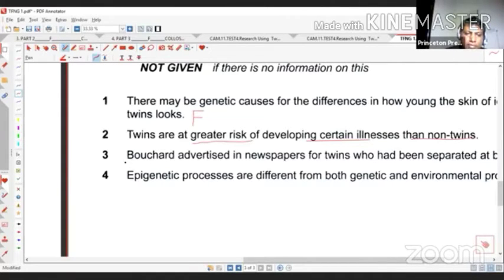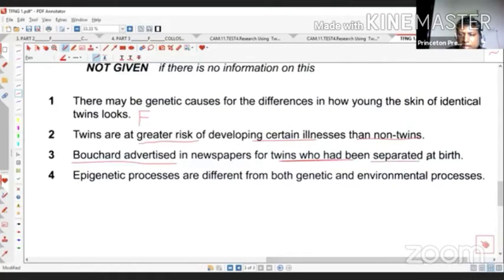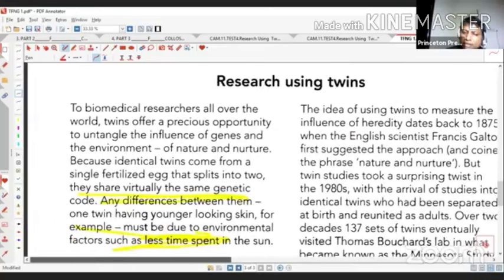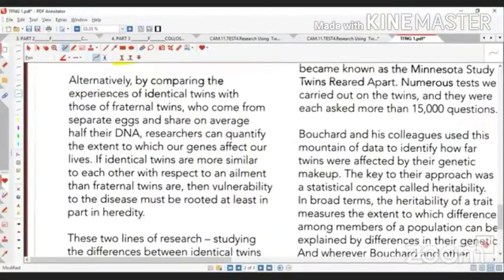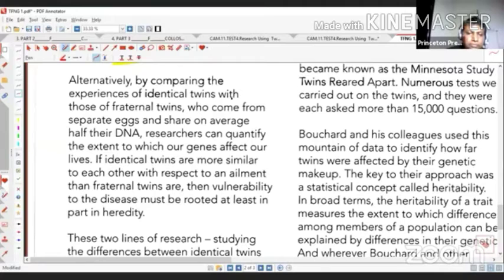The third one: a voucher advertised in newspapers for twins who had been separated at birth. As long as we find voucher, we can read it. Alternately, by comparing the experiences of identical twins with those of fraternal twins. What are identical twins and fraternal twins?